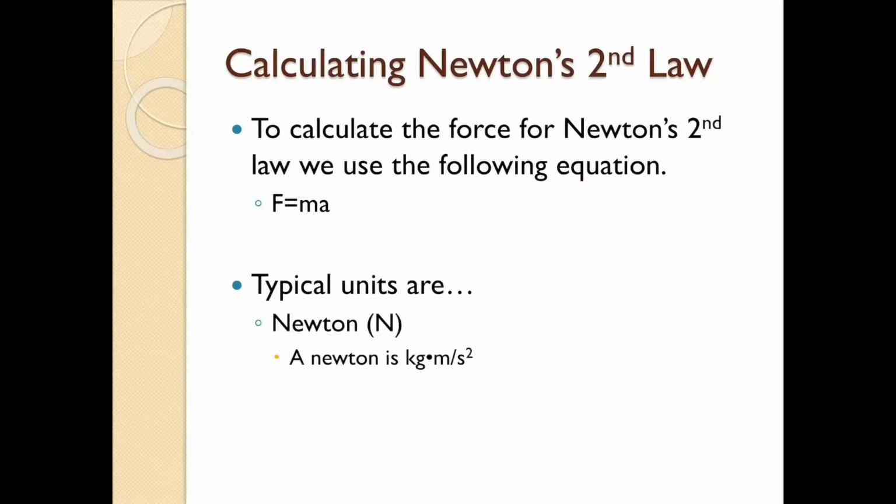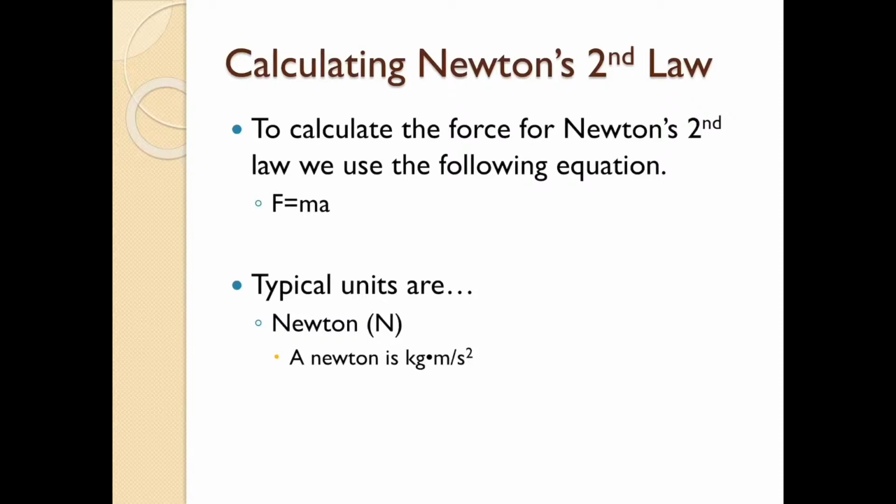So, when we calculate Newton's second law, we use the equation F equals ma. And that stands for force equals mass times acceleration. And we know what mass is, we know what acceleration is, and we've learned what force is.